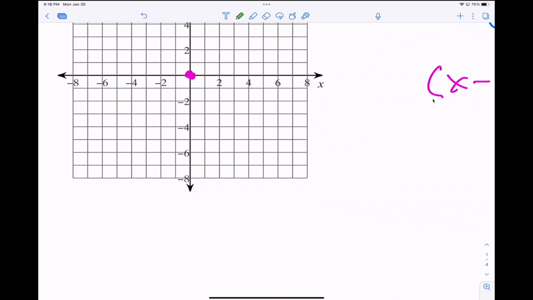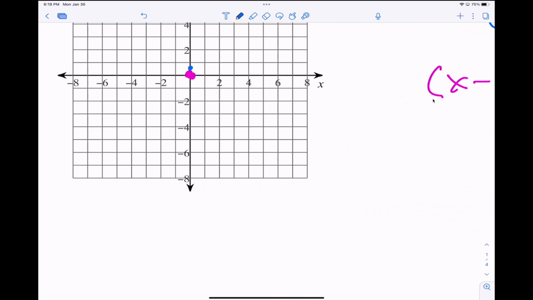The focus is always inside the parabola. So knowing that it opens up tells me the focus is going to be directly above the vertex. How far above the vertex? Exactly 1/4. I realize that is not remotely 1/4 to scale, but please roll with this.